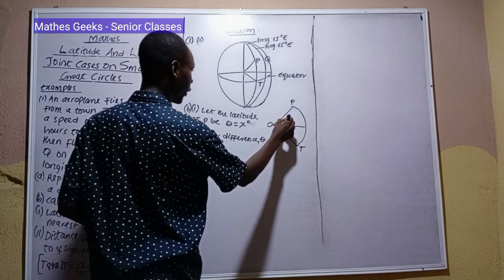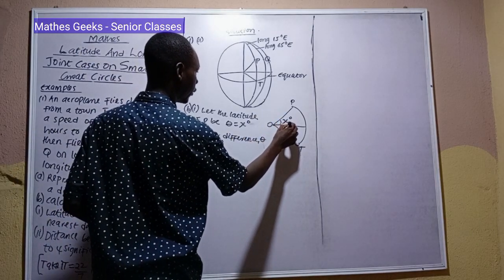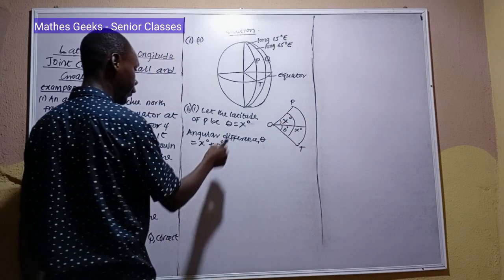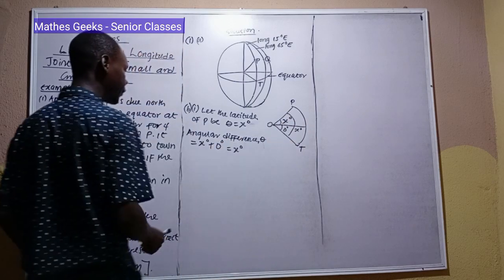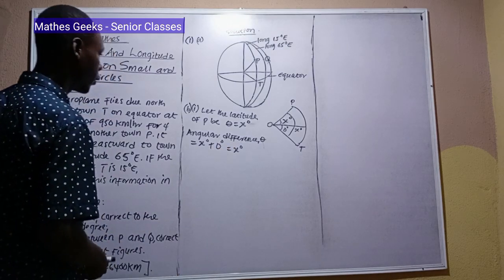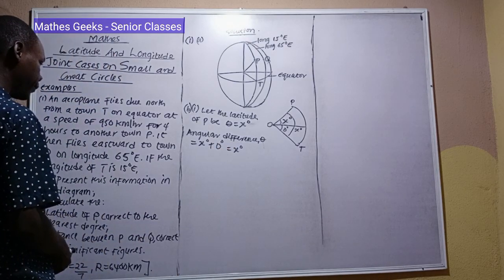Altogether, x plus 0 degrees gives x degrees, and this is what we are looking for.